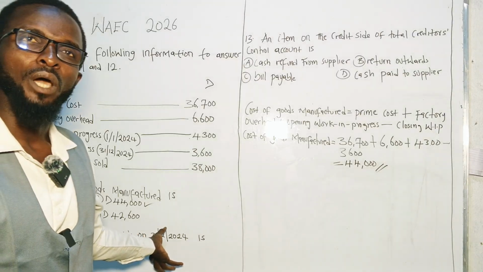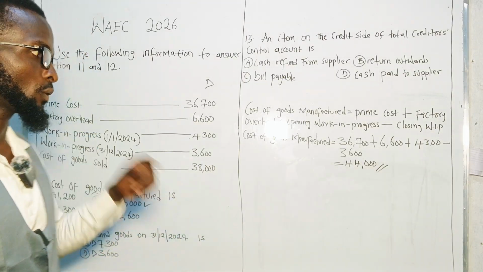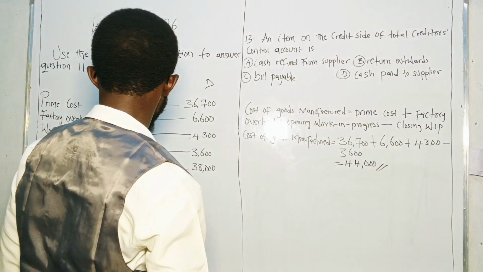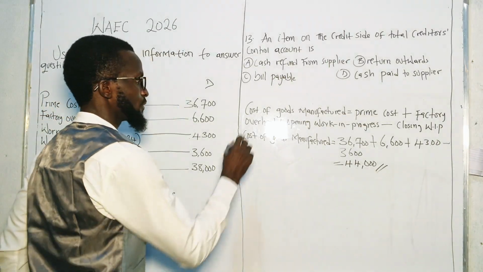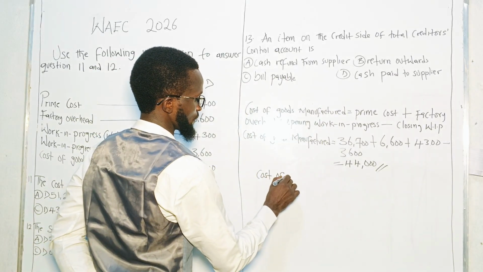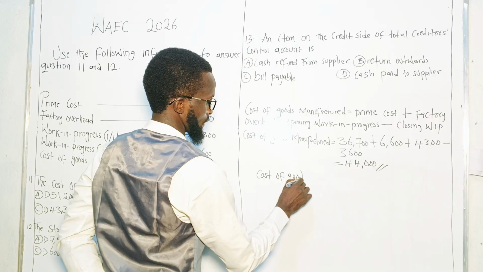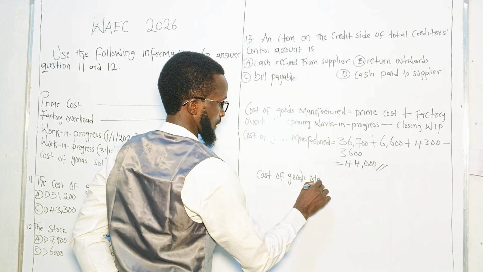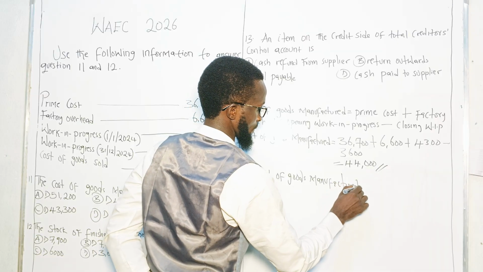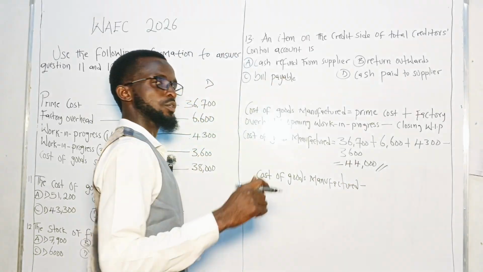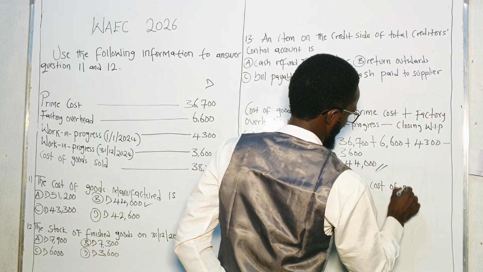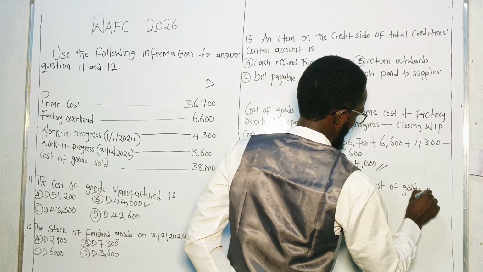This is telling you about the closing stock. So closing stock is cost of goods manufactured minus cost of goods sold.